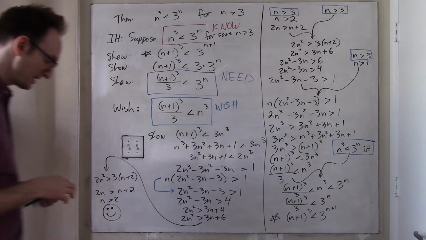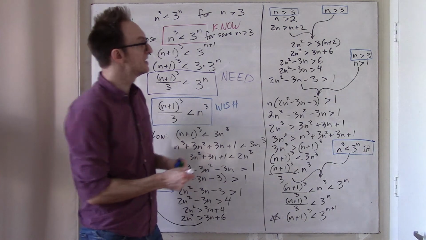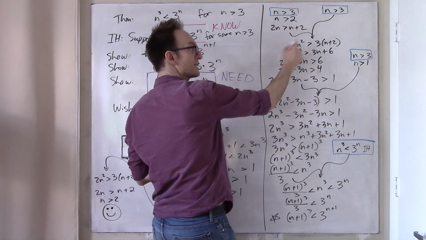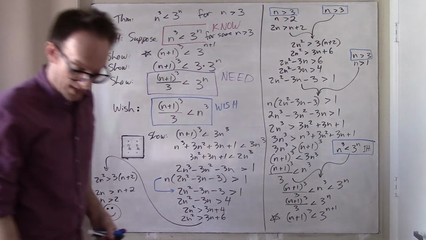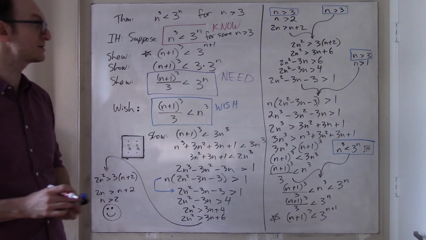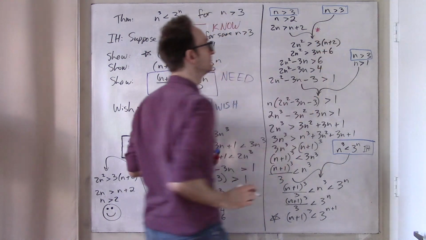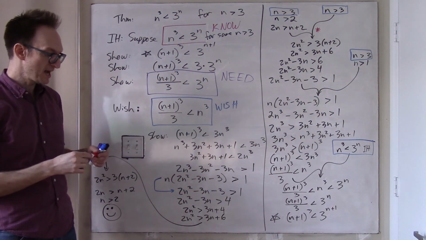And in this case, I'm just using the simple fact that n is bigger than 3 to prove a simple fact about numbers. I put a blue box around the leaves of my tree, so to speak. Here I just applied the fact that I can multiply two inequalities together.